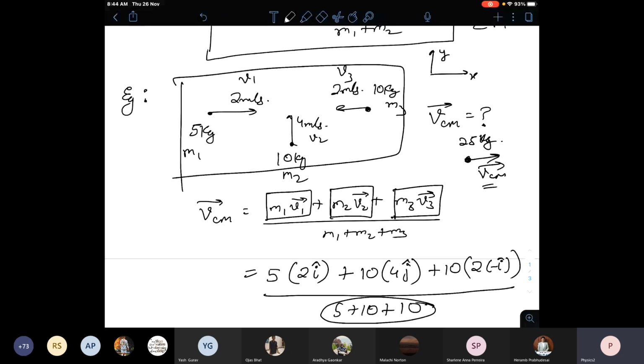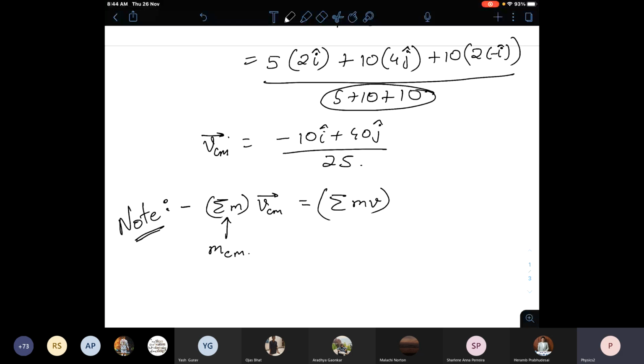Just for reference I am drawing this. This is the concept of center of mass, that you are replacing all the 3 point objects with a single point mass. That single point mass has the total mass, that is sigma m. So we can say this is mcm, the net mass of the center of mass.